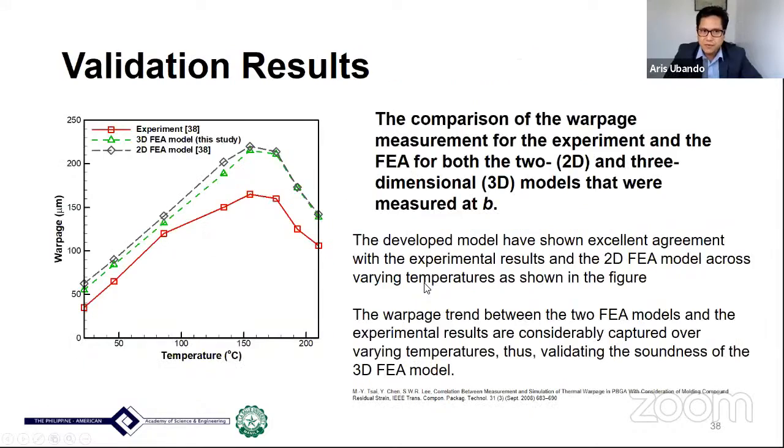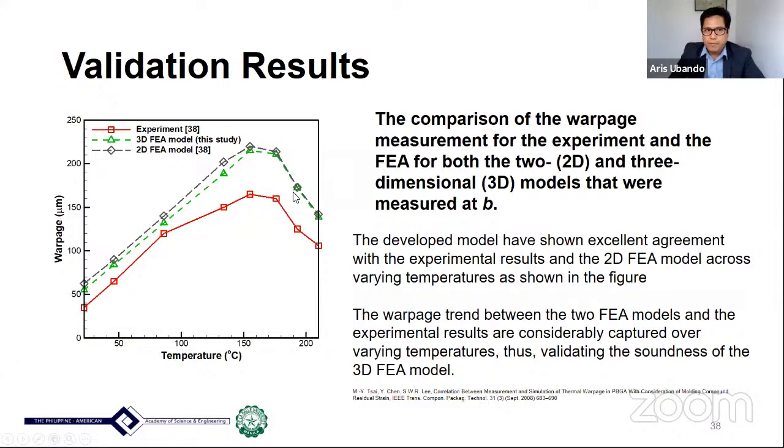So let's look at the validation results. We try to compare this with the study of Tsai et al., who actually looked onto the plastic BGA back in an experimental study, which is shown in the red line, and a two-dimensional FEA shown in the gray line.